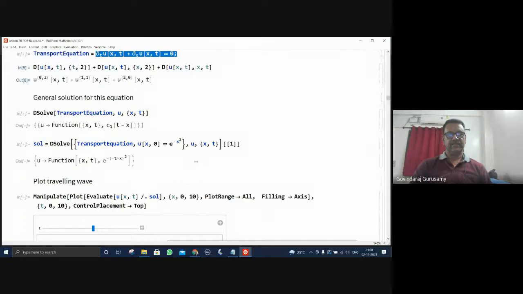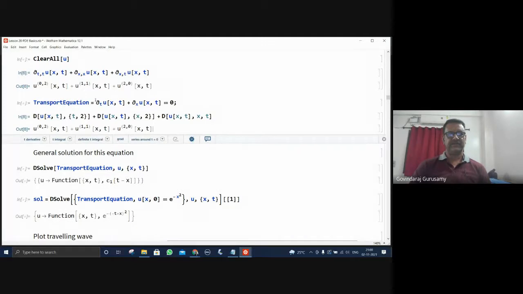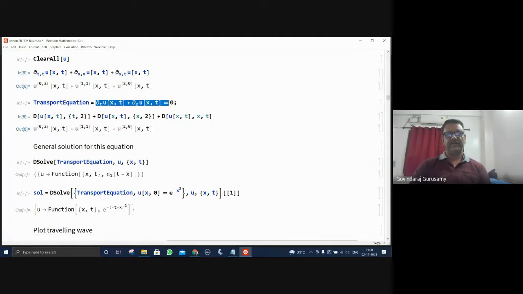One possibility is that I have written it as a transport equation. Transport means something should be transported, no? Either in terms of a density or a mass or heat. Something should be transported, is it not? In fact, you know traffic flow: vehicles are moving on the roads.